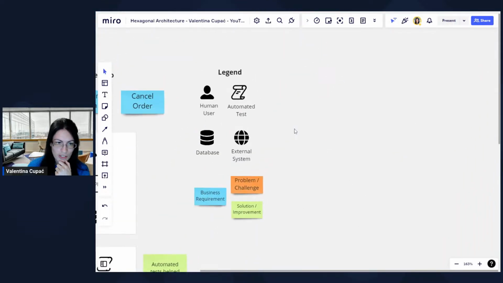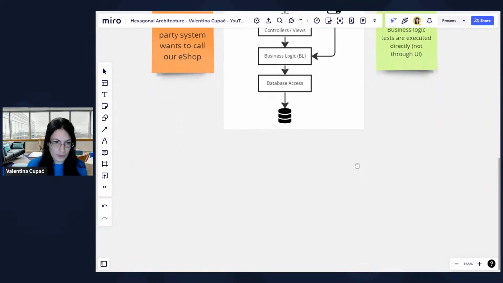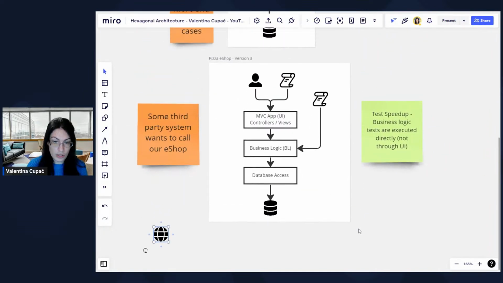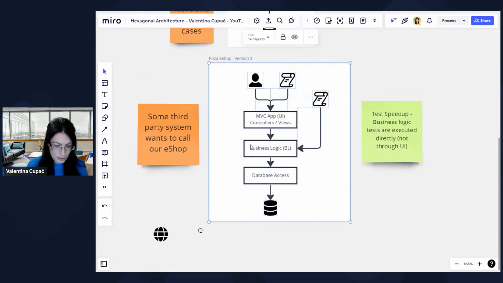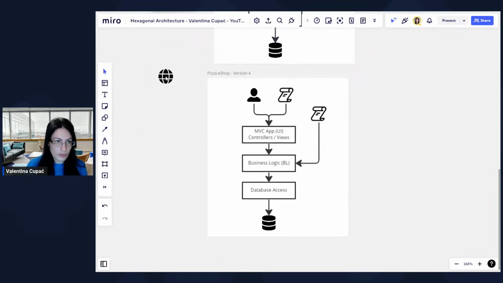I'm just going to get the symbol for the external system, and we're going to need to use it in the next iteration of our diagram. So we have that big company, and they want to integrate with us.